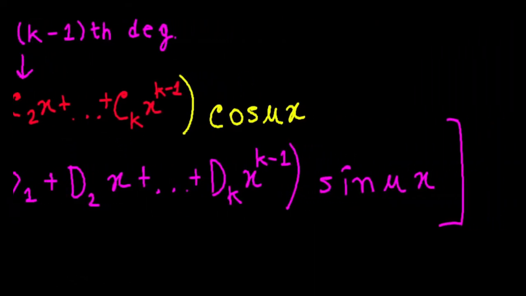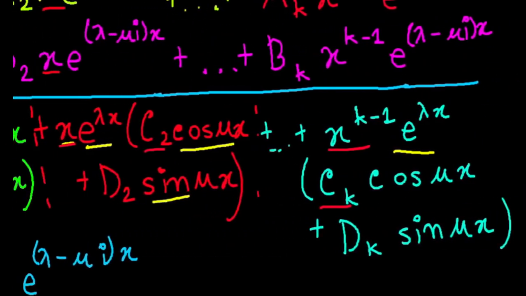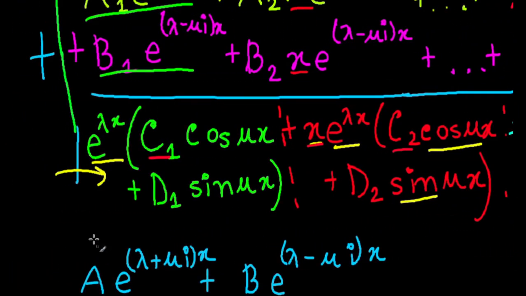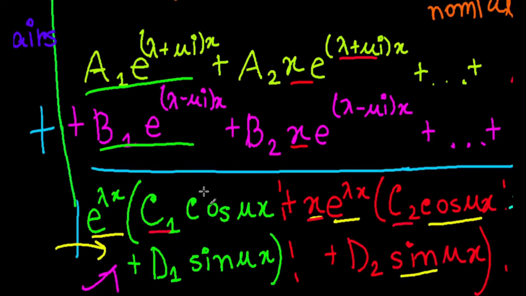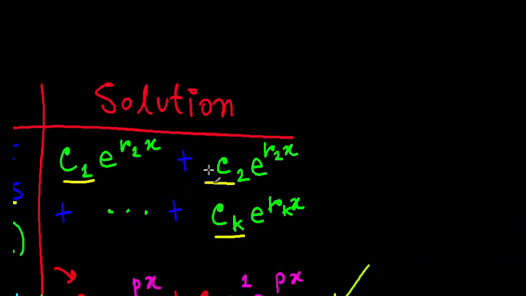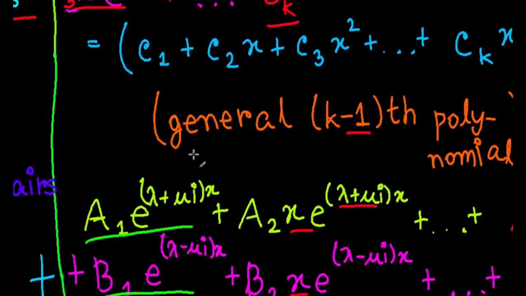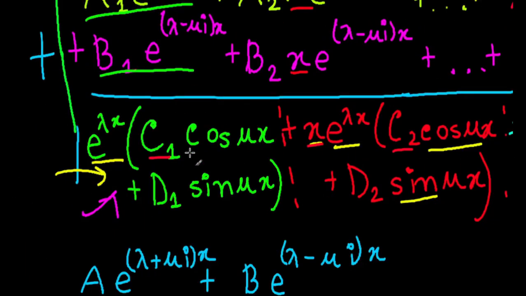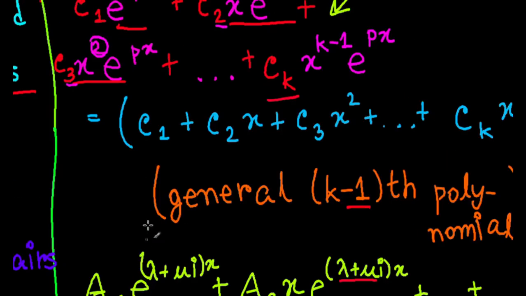If you ask about my preference, I actually like this one a bit more, just because it's a bit easier to remember. It's very intuitive, it's really similar, it's really just a mashup of what we had when we had complex roots, if you remember the second order videos, and also this case when we have repeated roots.